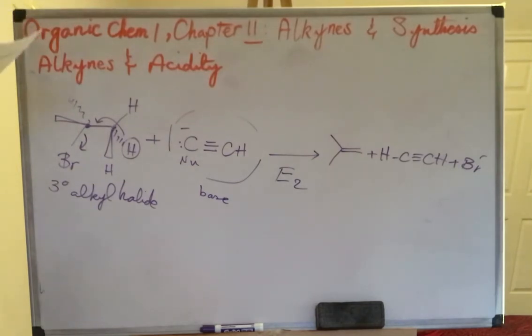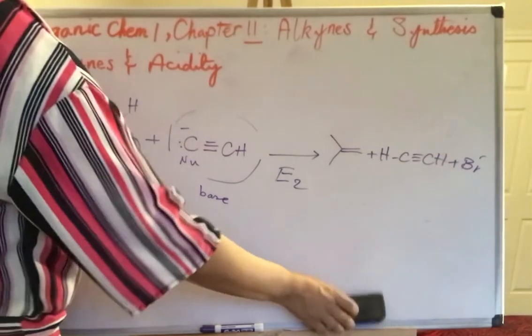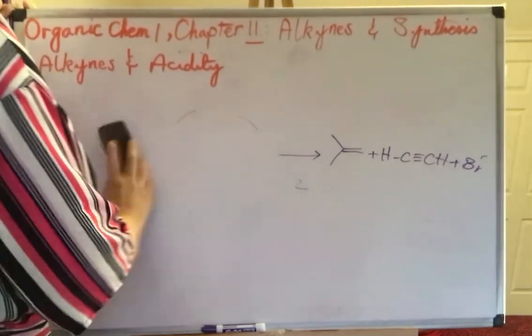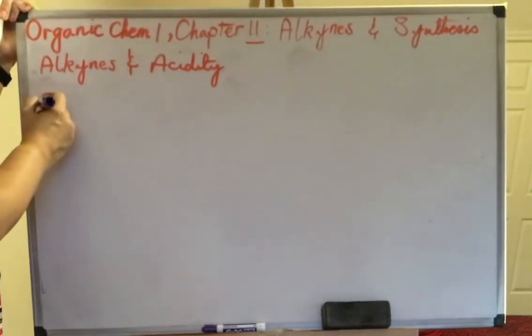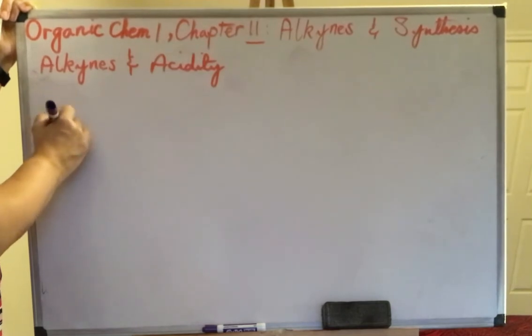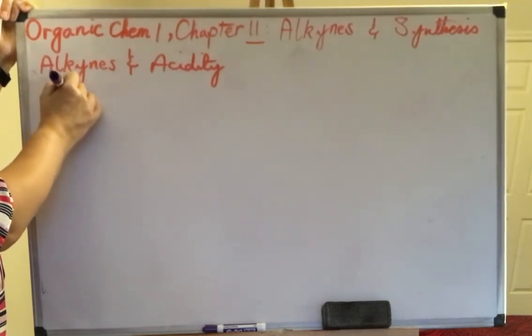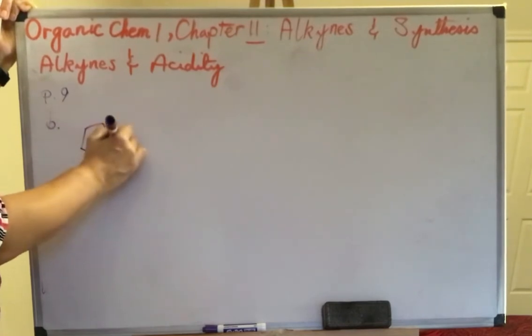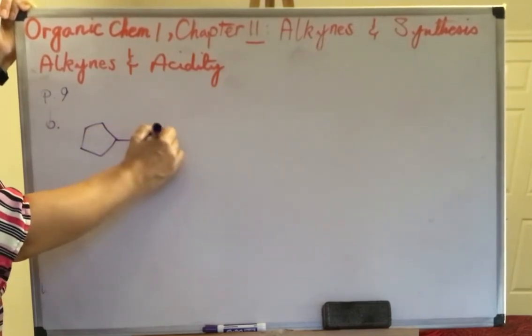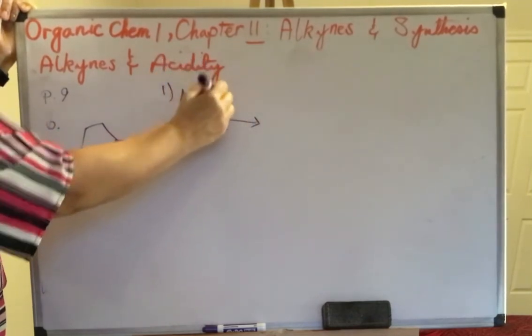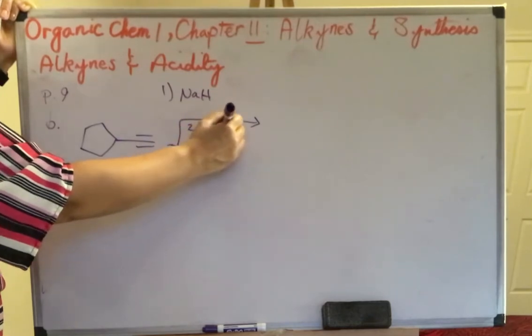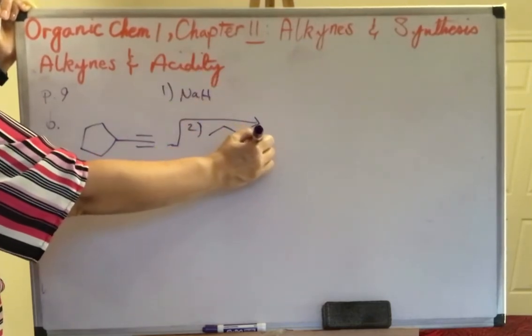All right. A little bit more practice on this. I will go with B on page 9 of this study guide. This compound. First we have NaH, and then we have this alkyl halide.